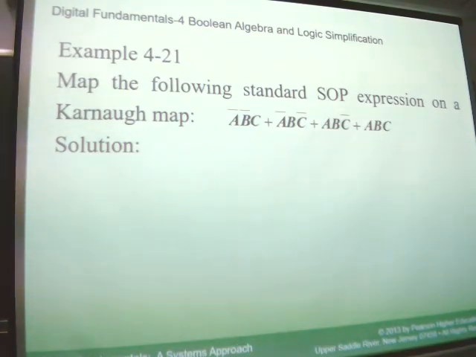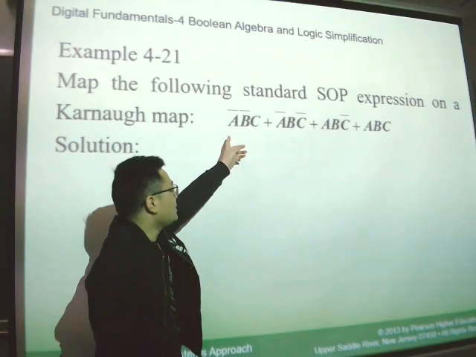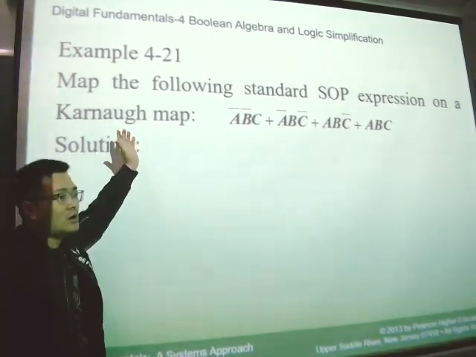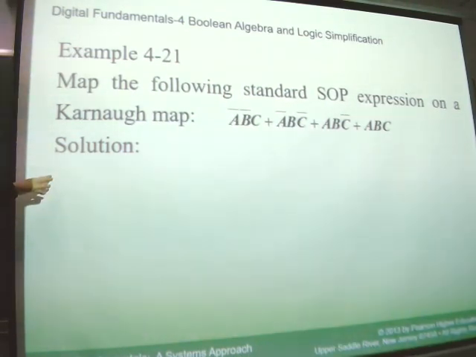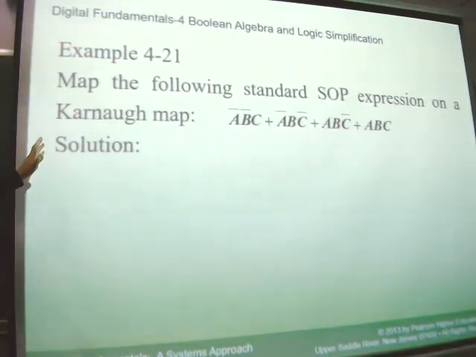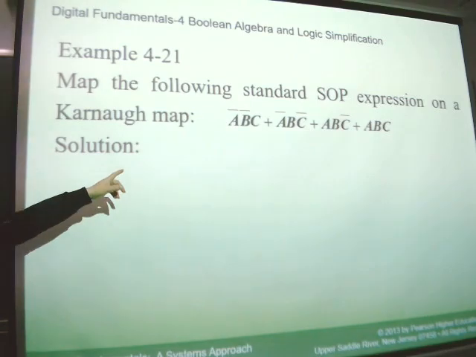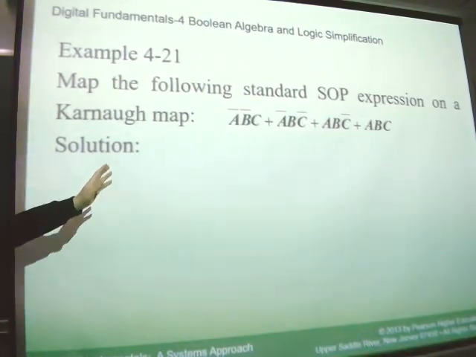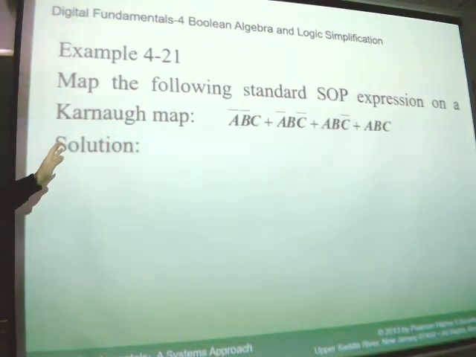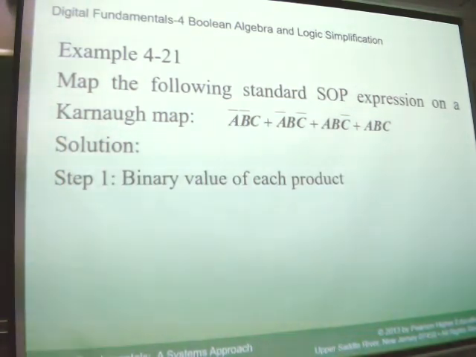For example, map the following standard SOP expression on the Karnaugh map. If we know the expression, how do we get the corresponding Karnaugh map? First, we know that there are 3 variables A, B, C, so we use the 3-variable Karnaugh map.